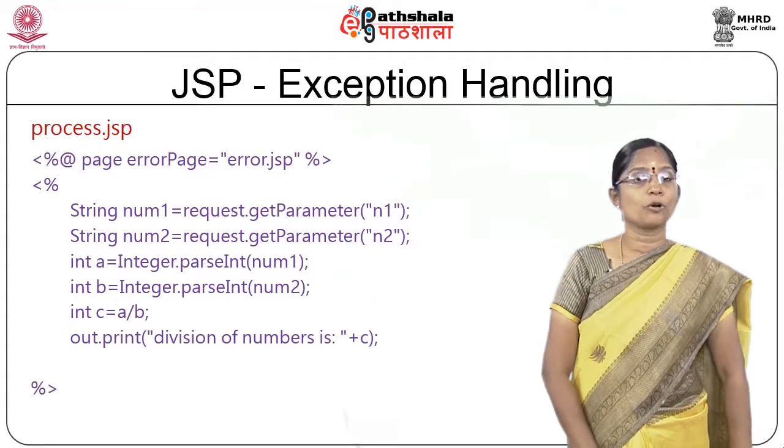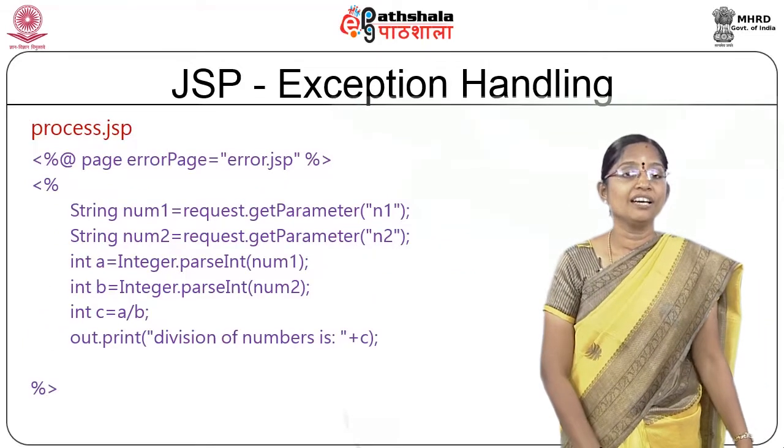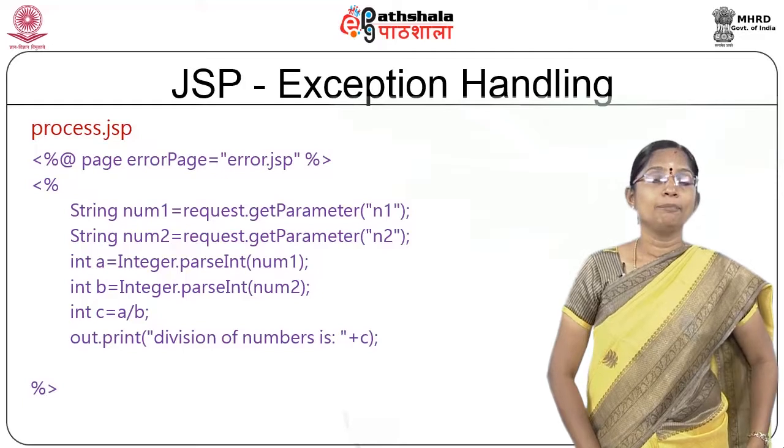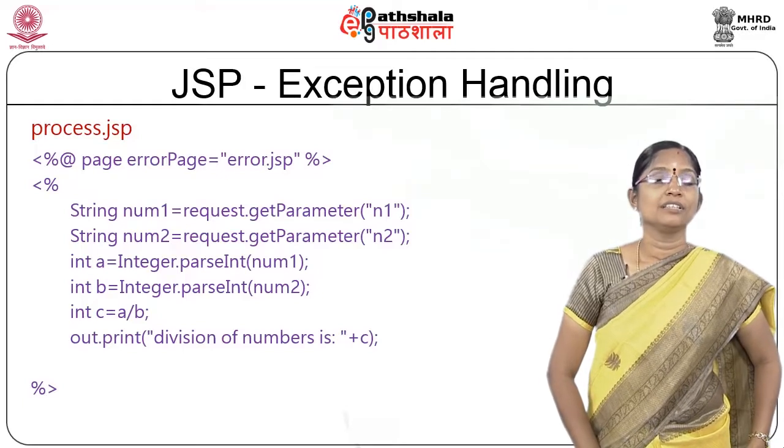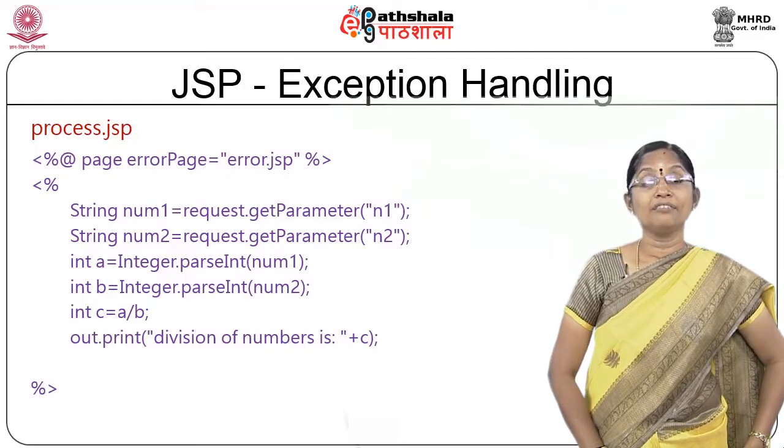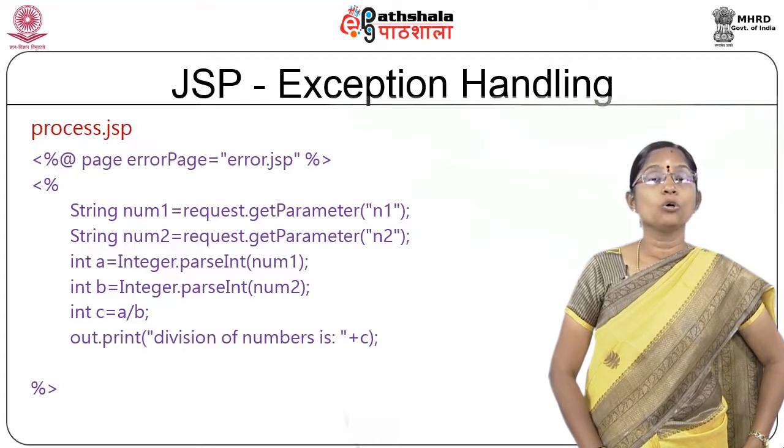Now let us look through process.jsp. Here, in the page directive, the errorPage attribute has been enabled, so if any error occurs, you go and call error.jsp.